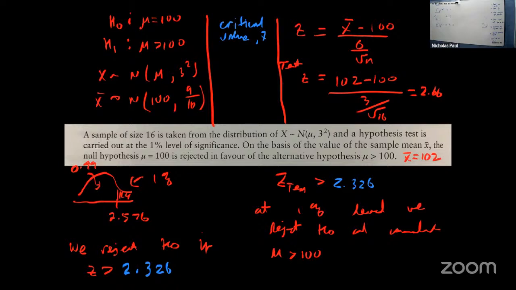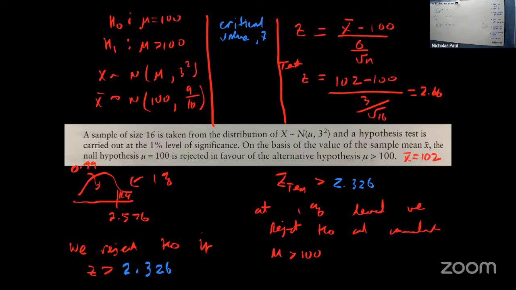No, but it's not a two-tailed test, it's a 1% test, right? So whenever it's a 1% significance level, you read 0.99, and when you read 0.99, that will be 2.326.